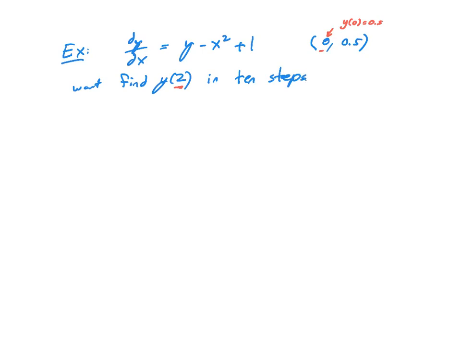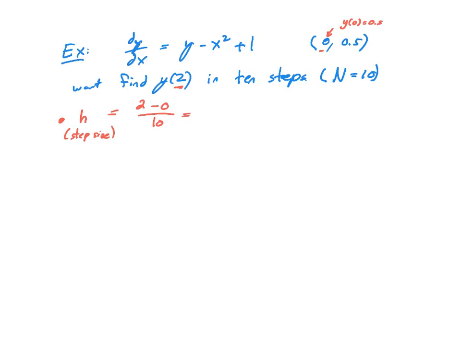So here we have our number of steps, n, equal to 10. First things first, step 1: h, which is our step size, is going to be stop minus the start over the number of steps.